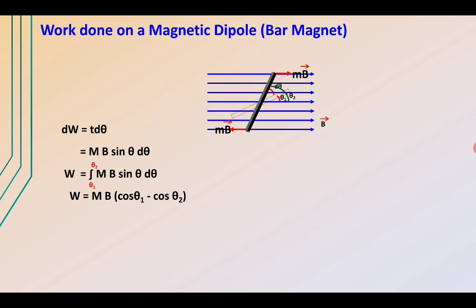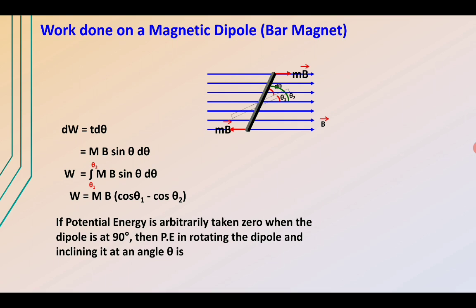And after solving this integration, m is constant, B is constant, so we are integrating sin θ, and we know that integration of sin θ is minus cos θ. So after substituting the limits, we get the net work done by the couple on this given magnet as m, the dipole moment, into the field strength B, and (cos θ1 − cos θ2).